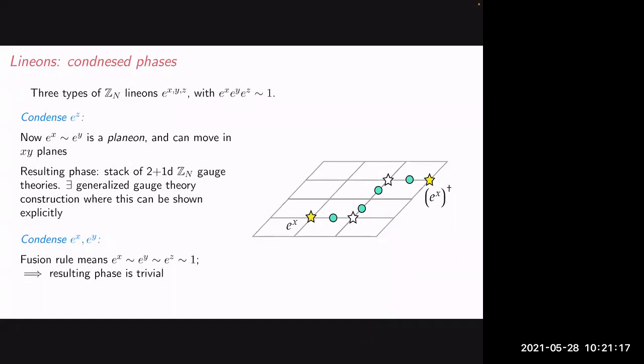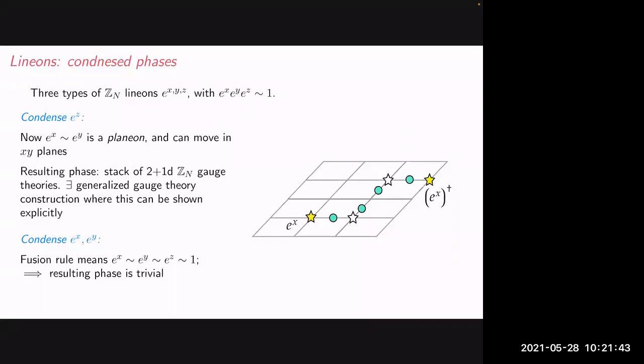If I try to move it in the Y direction, then the place where the string turns a corner nucleates an e^z particle, and this costs energy in the Xcube model. But of course, when we condense e^z, there's no problem in doing this because we can absorb an e^z from the condensate. What this means is that in the condensed phase, the e^x turns into a planon capable of moving in the XY planes.